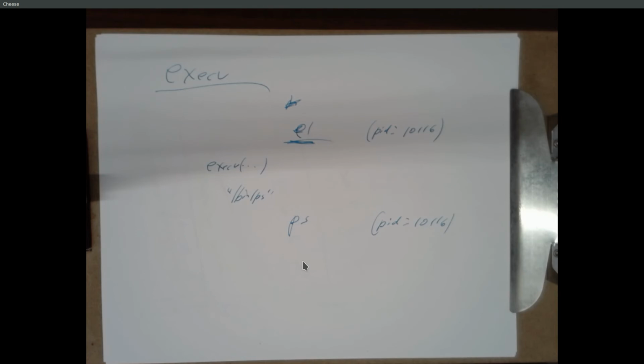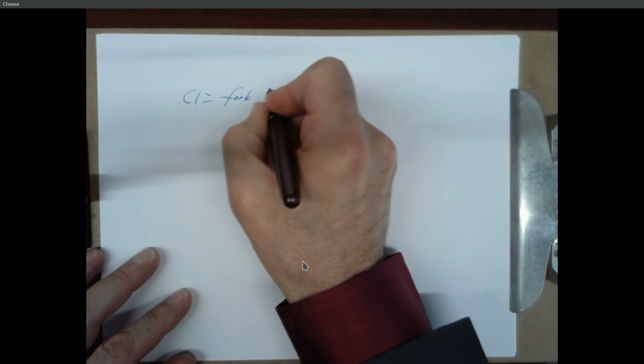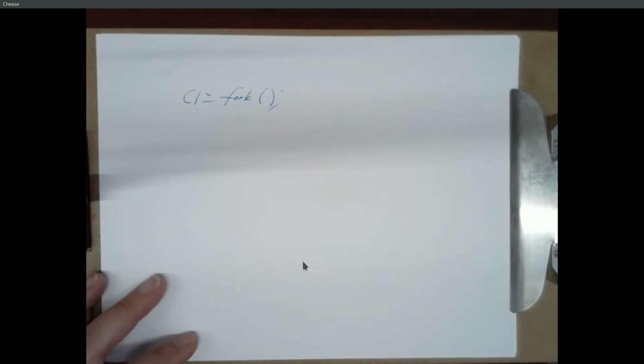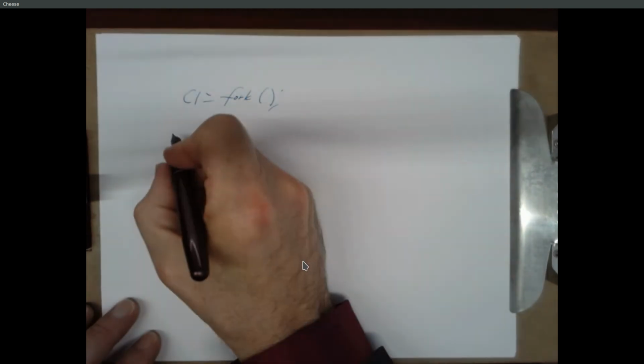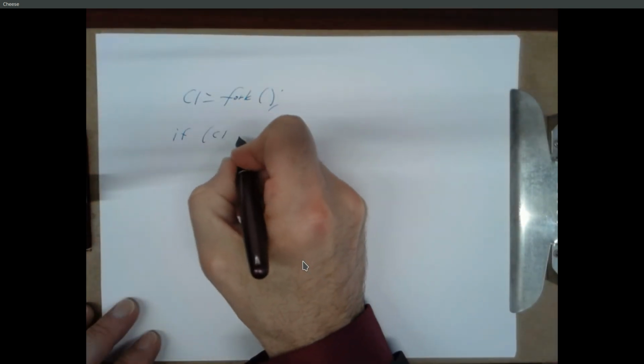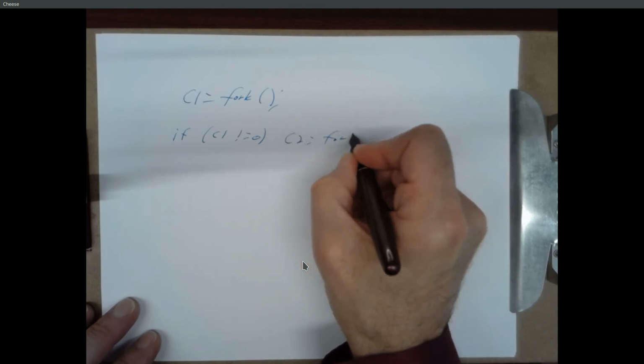Right, so you can do something like this: call fork, save the return value in C1. So this creates a pair of processes. If C1 is not equal to 0, C2 equals fork.